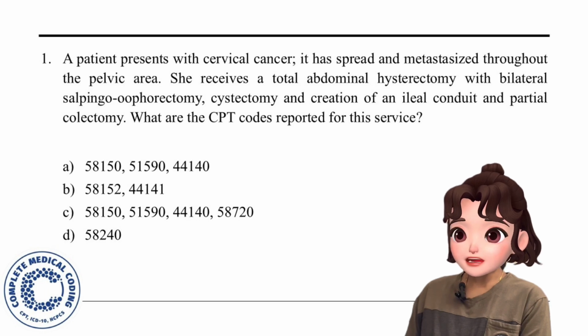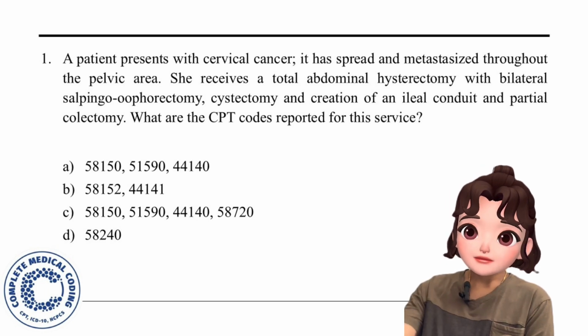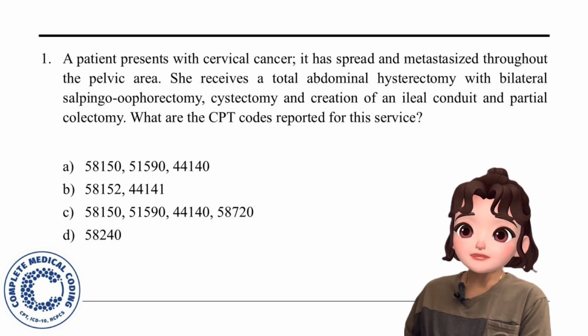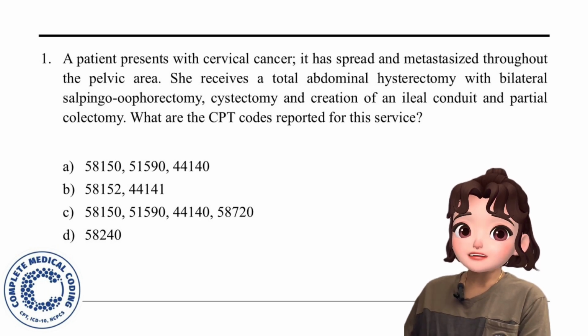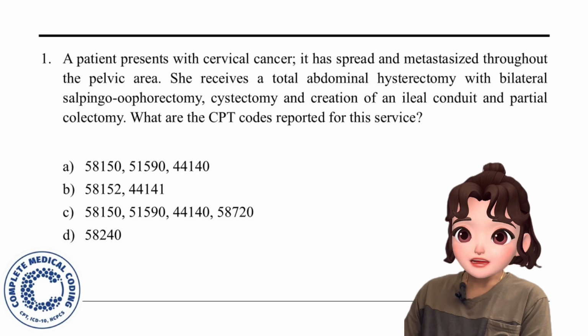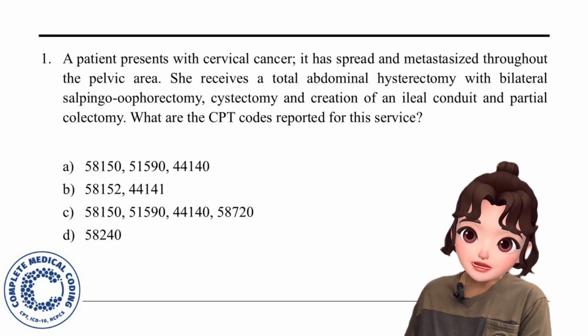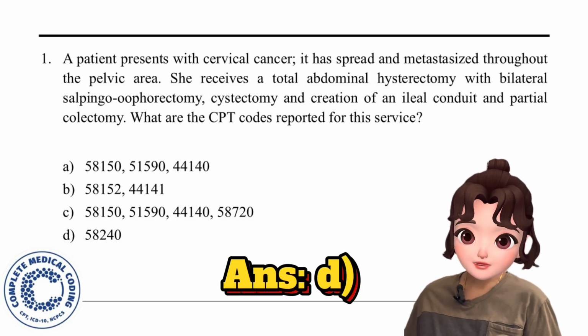Then ureteral transplantations. Colectomy is also there, along with colostomy and resection of rectum and colon. So it means it's a combination of all the procedures carried out. The correct answer here is option D, 58240.